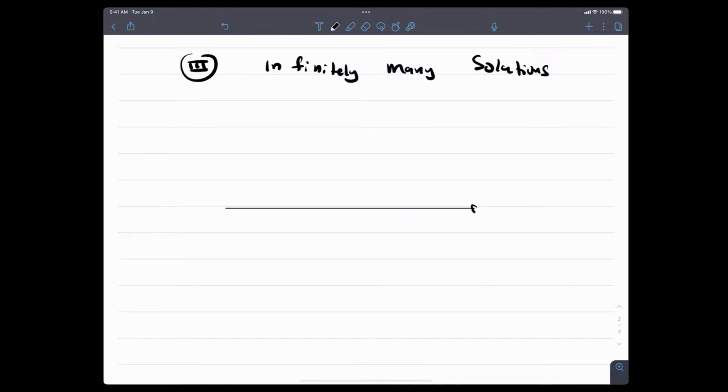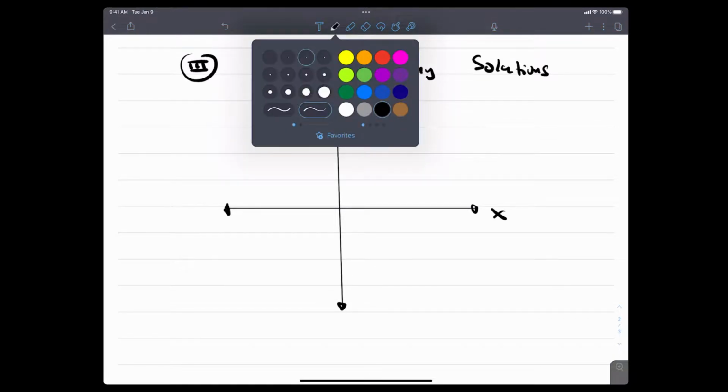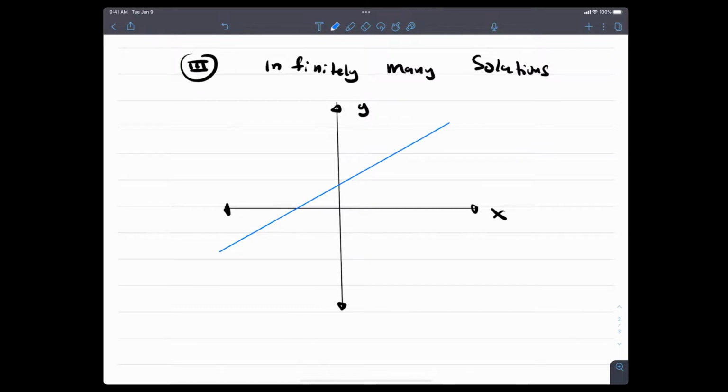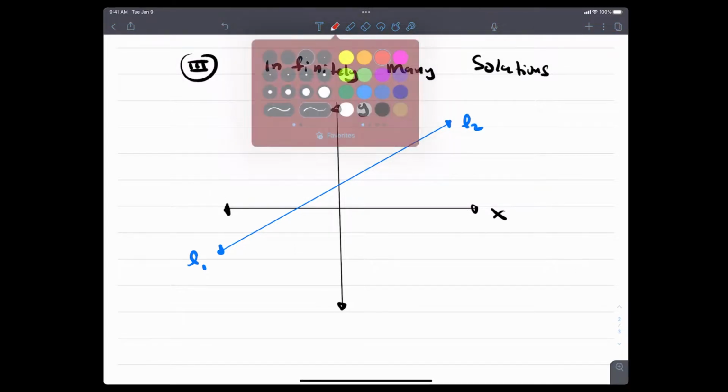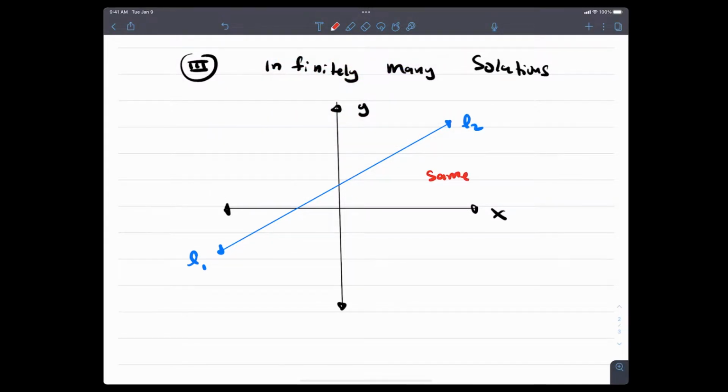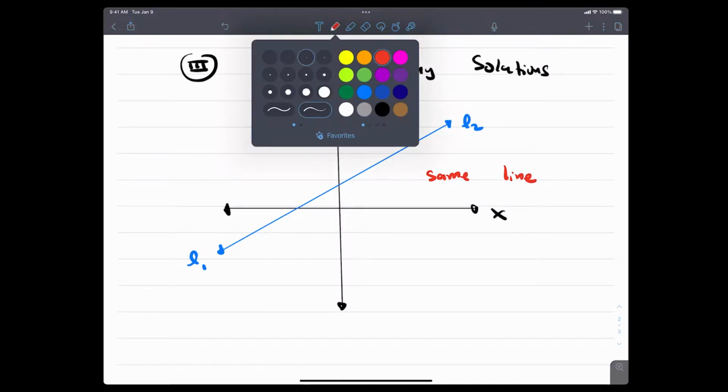Do you guys know what that meant? Back from beginning algebra? Anybody cover that stuff in high school? Maybe? What does infinitely many solutions look like? Do you guys remember? This is when you're talking about the same line. L1 and L2 are the same. So we have the same line.